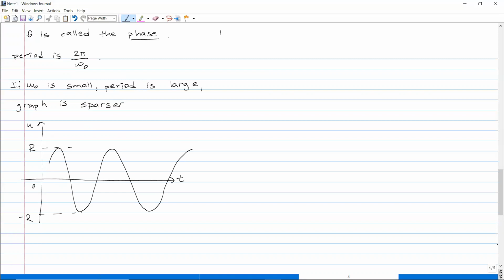Now, if omega 0 is large, so you see in the first case, omega 0 is small, so we have small frequency. The same value appears only a small number of times in a certain interval. But if omega 0 is large, then the period is small.